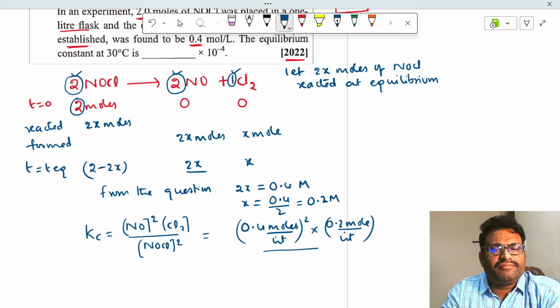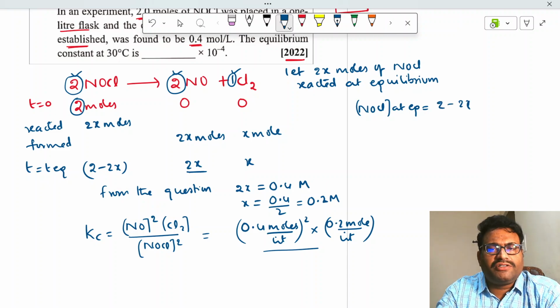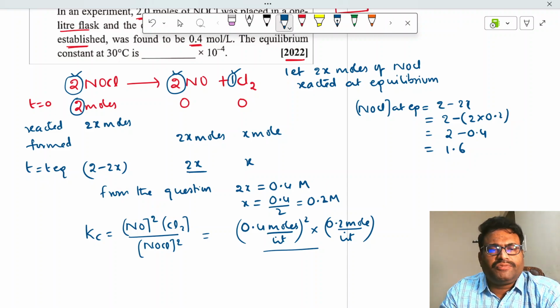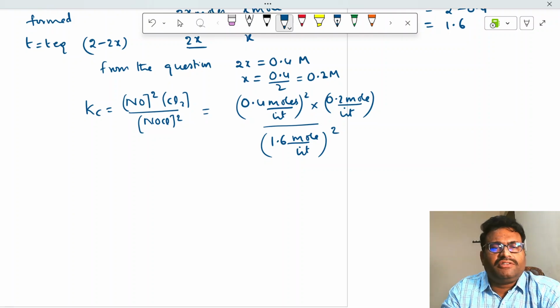The concentration of NOCl at equilibrium is 2 minus 2x, that is 2 minus 2 into 0.2, that is 2 minus 0.4, which gives 1.6 moles per liter, square.